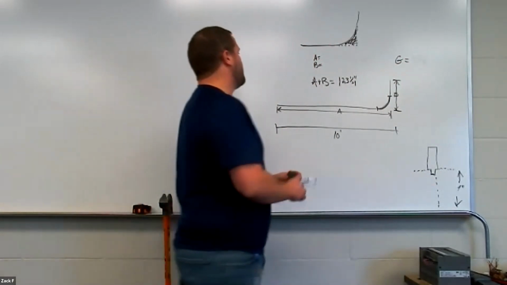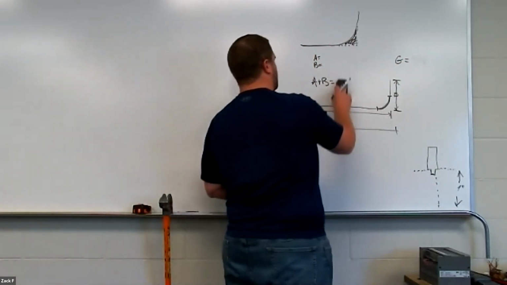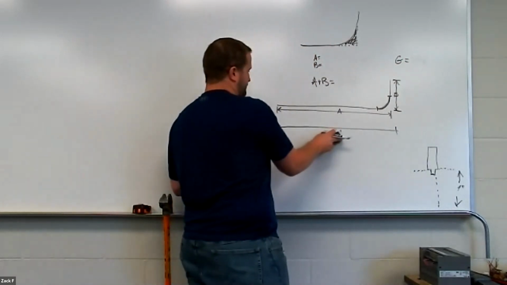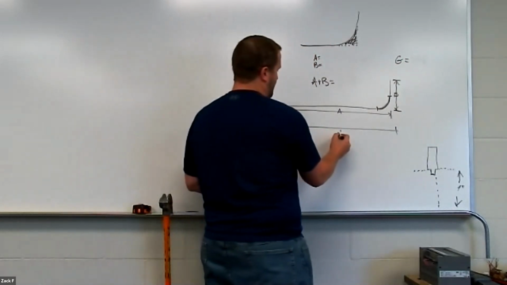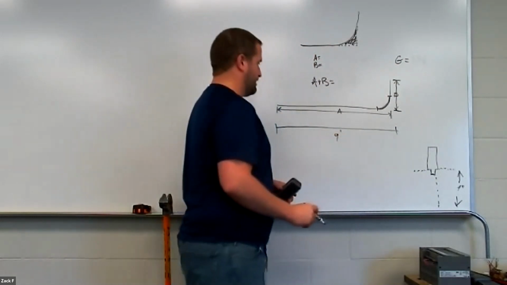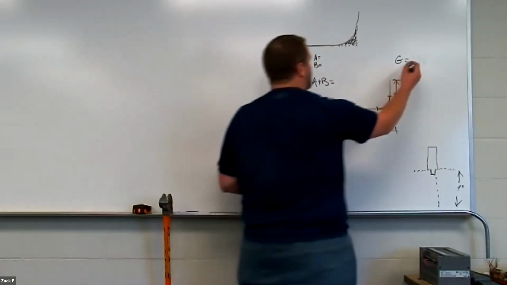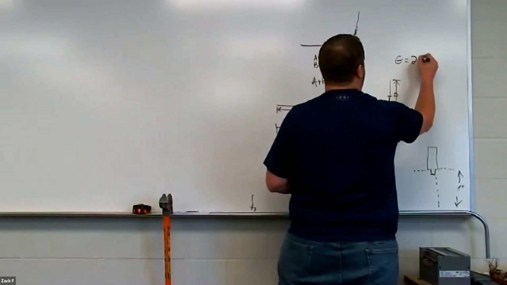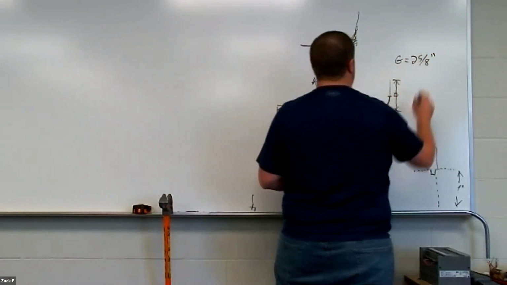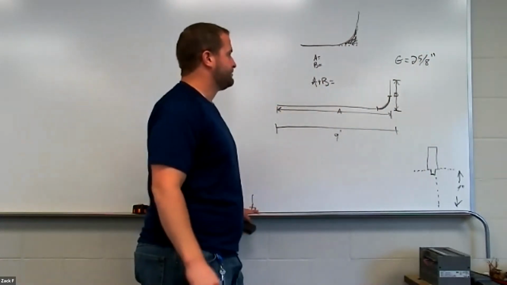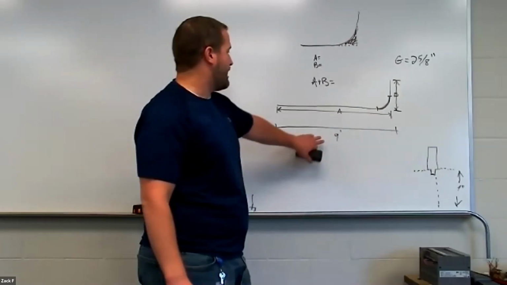Or if I told you this was a 9-foot piece of pipe, and then I bent a stub 90, and I told you that the gain was that 2 5/8, what would A plus B there be? So it's a 9-foot when it's straight.